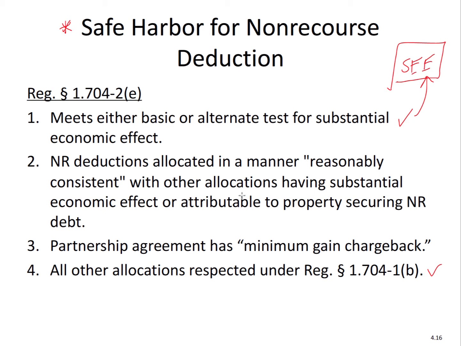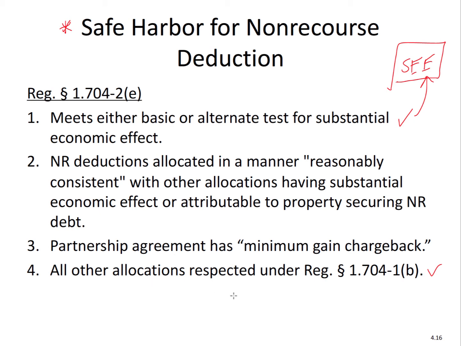And finally, the last one for the alternate test is that you can't go negative beyond what a certain partner is expected to actually go if the partnership goes negative upon liquidation. So usually for a limited partner, that's 0 because they're not expected to go beyond their investment. All right.